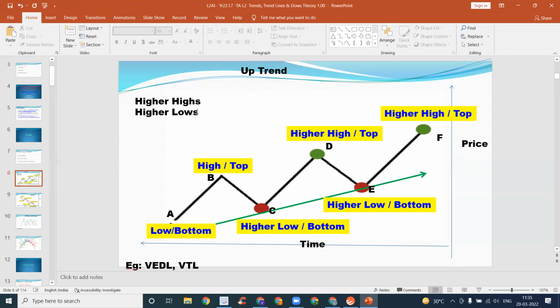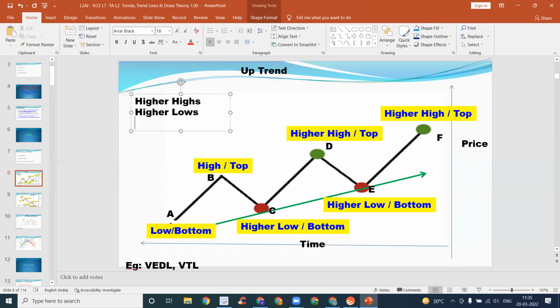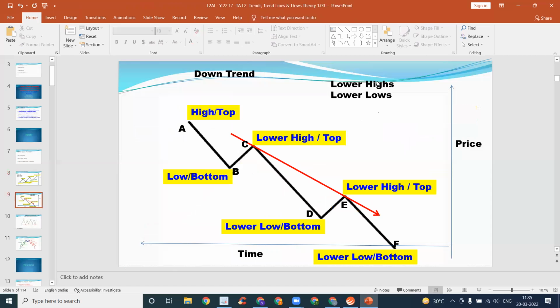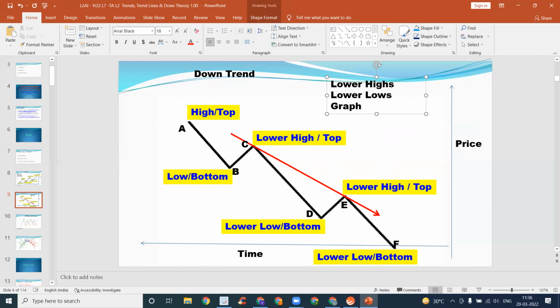In the uptrend, the graph is trending up at a positive slope. In the downtrend, the graph is trending down with a negative slope.